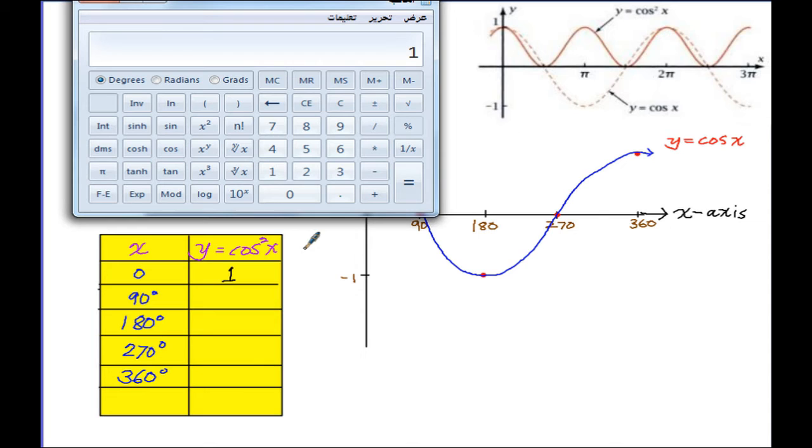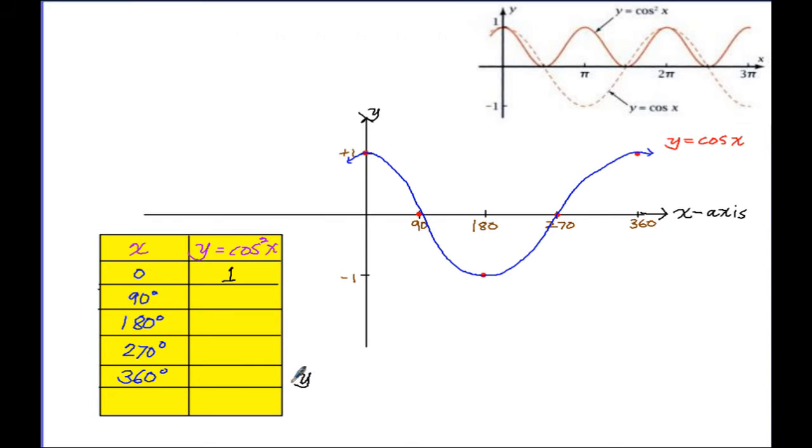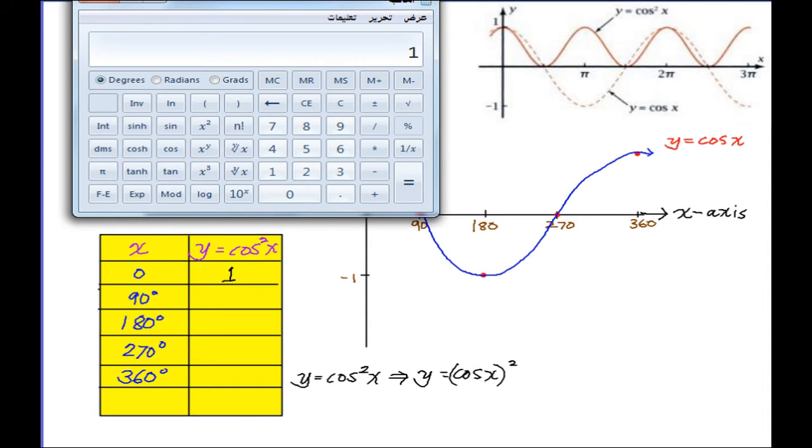Take note here that y equals cosine squared of x is also equal to y equals cosine x squared. So these two are similar.